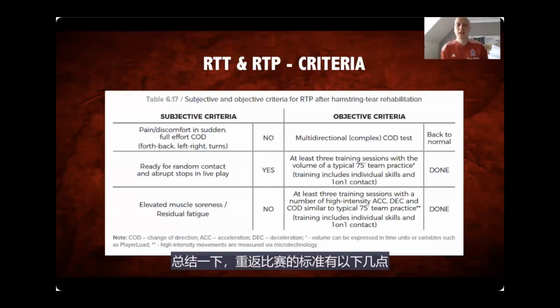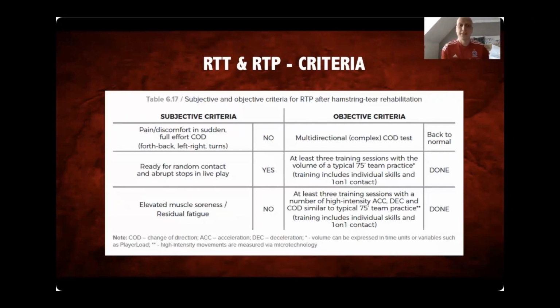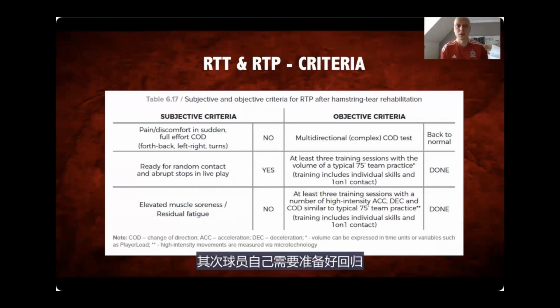So, to put it in a table, return to train and return to play criteria are as follows. We should not have any pain or discomfort. Then you have to be, as a player, ready to participate in contact play, and you should not have any muscle soreness or residual fatigue. When it comes to multi-directional change of direction tests, as we mentioned before, we have to have the values back to normal.